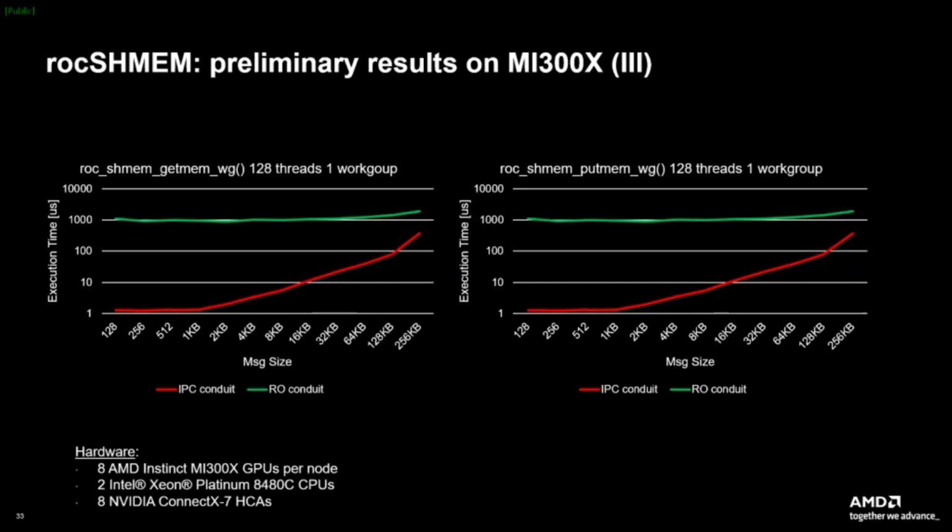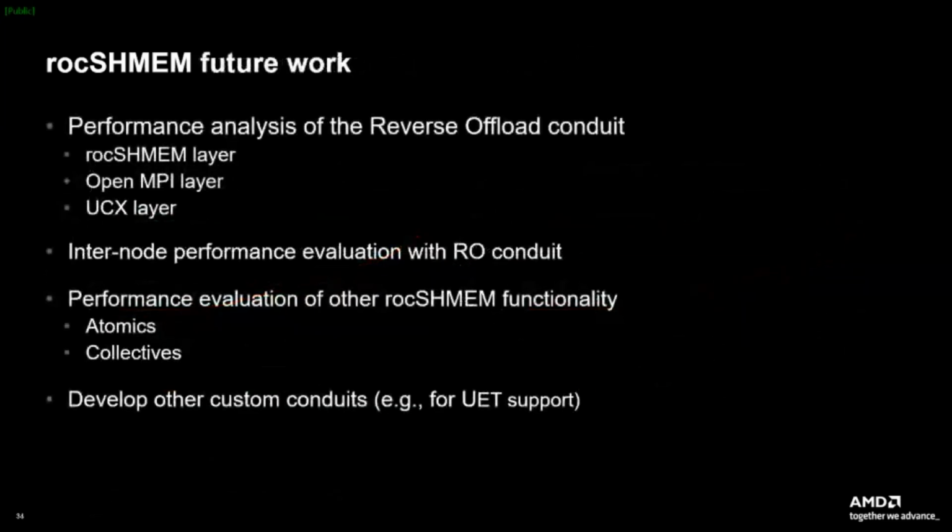Ultimately this is, I think, very interesting and very encouraging. The one-sided put and get operations with our device buffers seem to work reasonably well. There's probably more work required from that perspective, including more detailed analysis and tuning of the various layers in the call stack, both ROCmem, OpenMPI, and UCX, because frankly, we have not invested significant effort yet in tuning the performance of one-sided put and get operations with device buffers.